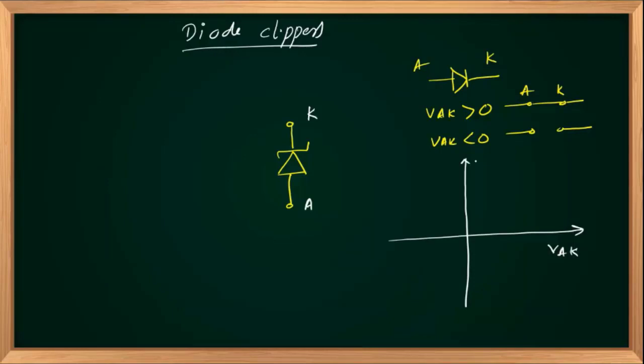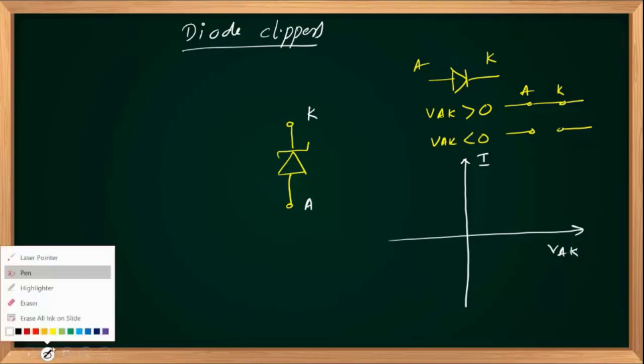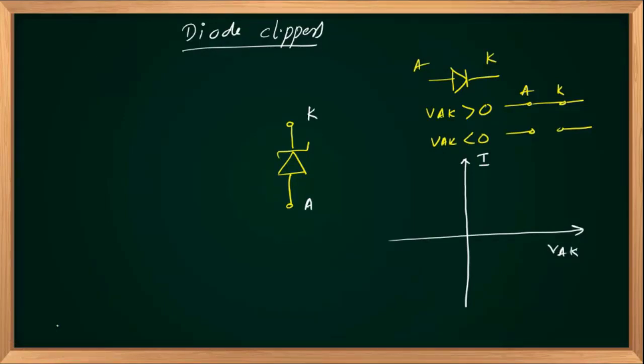So if you are plotting the VI characteristics of the diode, when it is forward biased, it acts as a short circuit, and there is a current from anode to cathode, IF, and its value will be the maximum possible value, and that maximum possible value depends on the circuit parameters, and we will put an up arrow.